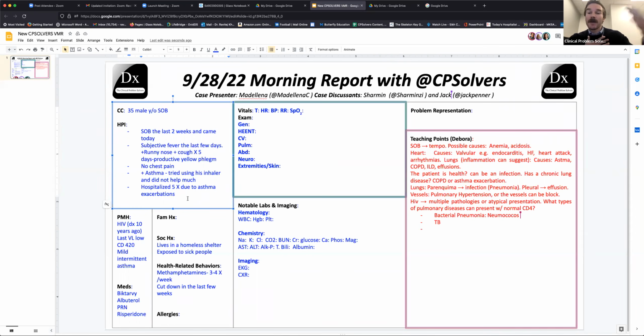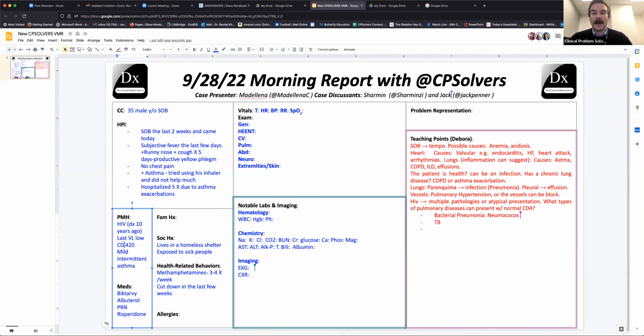The probability of that atypical presentation again goes up as the CD4 count falls. But if we look at all individuals who are infected with HIV, they are more likely to present not with the typical subacute indolent upper lobe cavitary disease of pulmonary tuberculosis, but they may actually present with focal consolidation, ipsilateral lymphadenopathy, and other features that look more like community-acquired pneumonia.